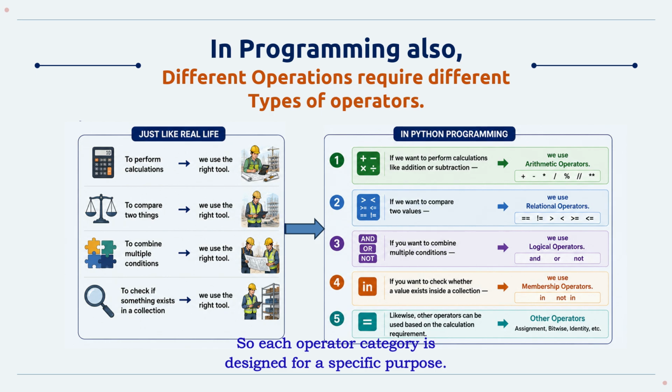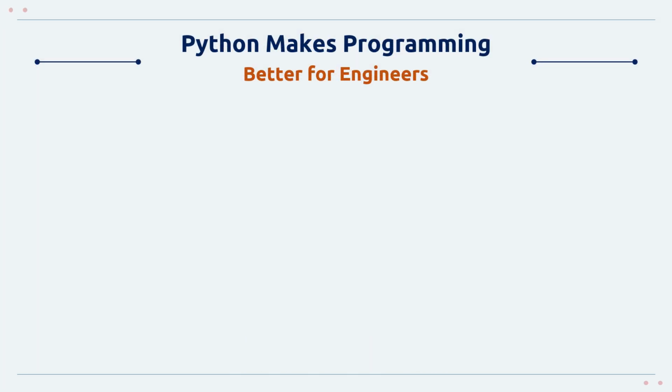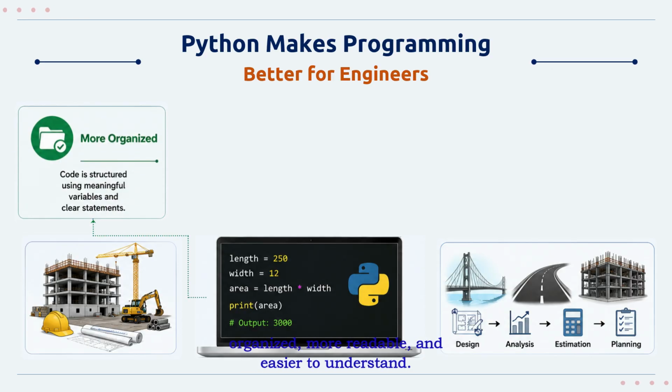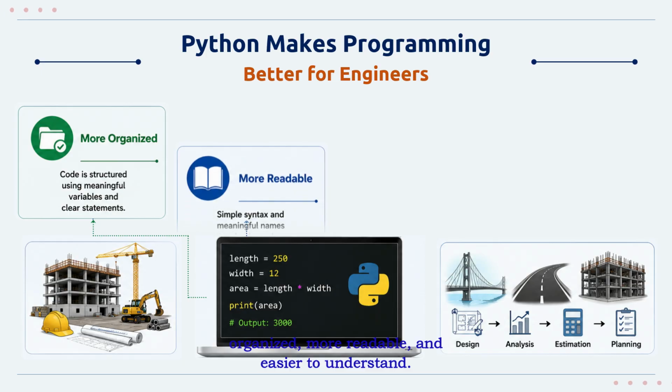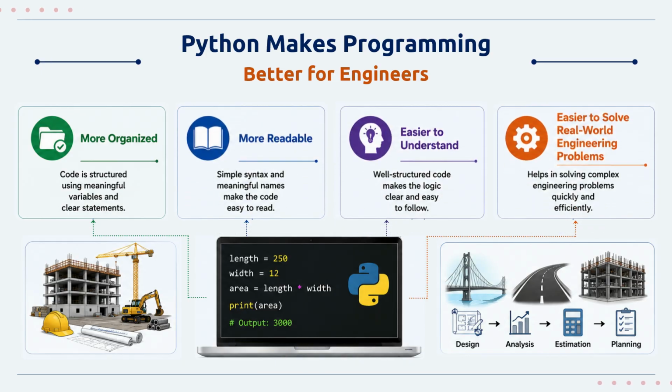So, each operator category is designed for a specific purpose. This functionality in Python makes programming more organized, more readable, and easier to understand. That is why Python provides different categories of operators.